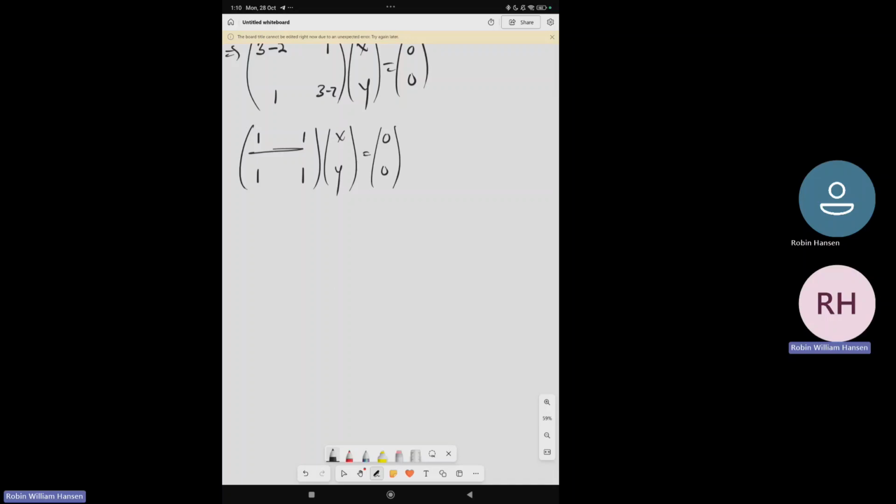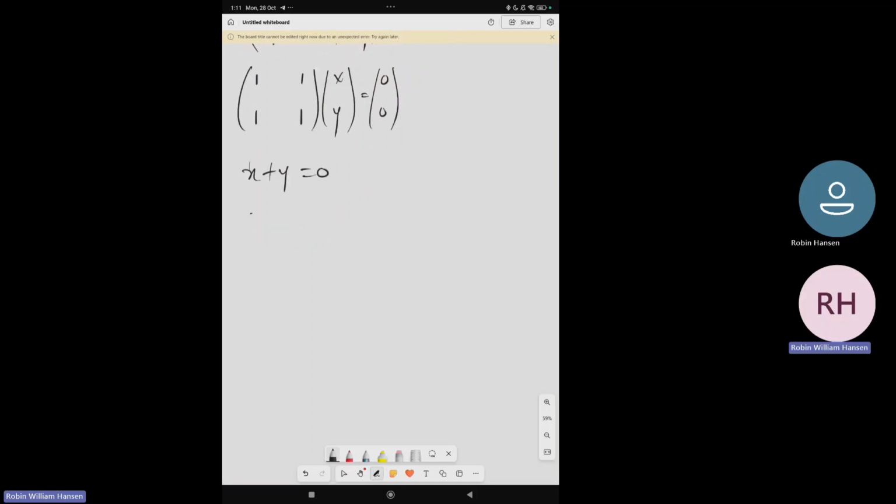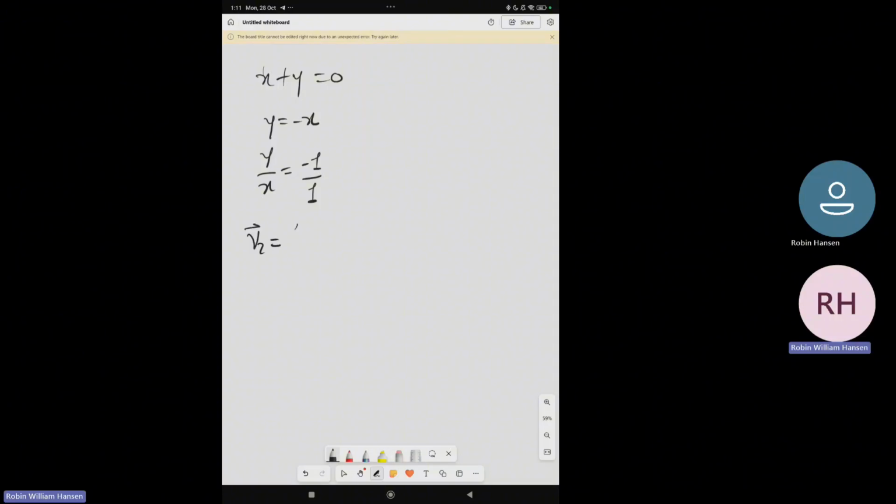Well, matrix multiplication, this times this. So x plus y is equal to 0, and from here, we know that y is equal to minus x. If you do y divided by x, you're going to have minus 1 over 1. So if y is equal to minus 1, x is equal to 1. So our v2 will be equal to 1, minus 1.